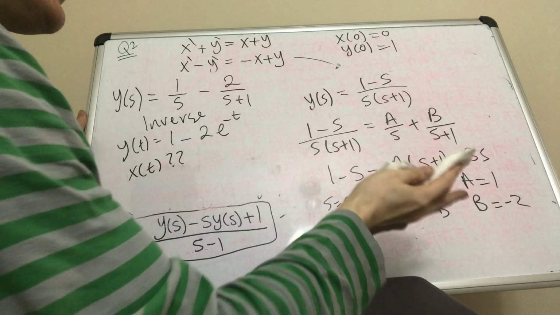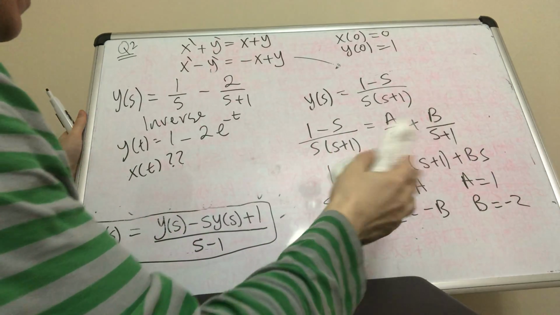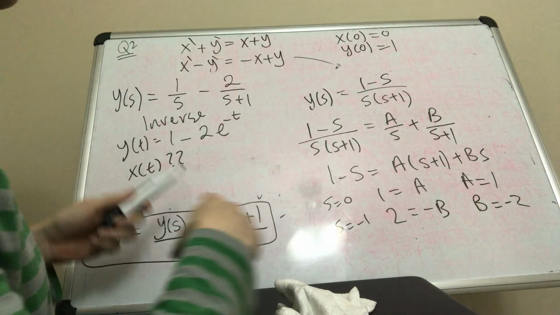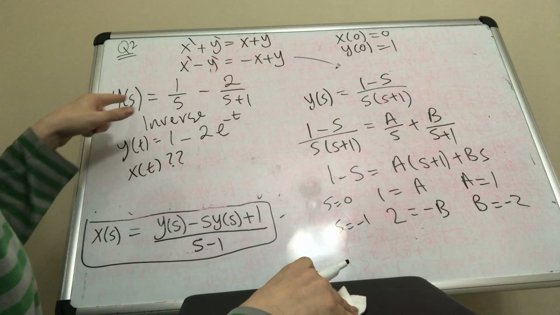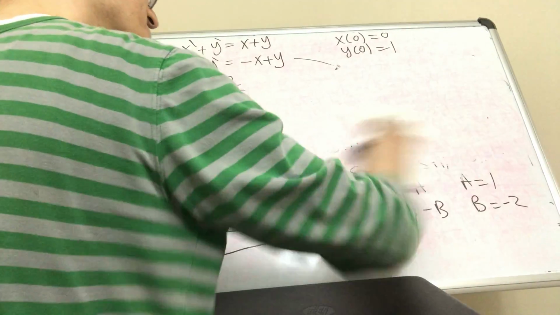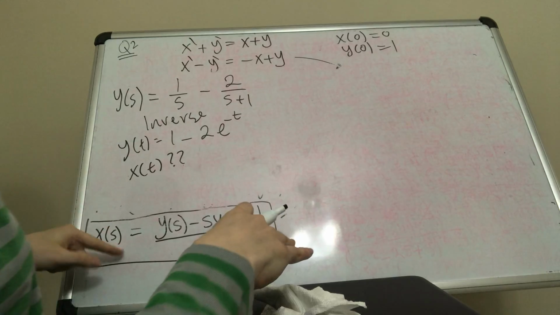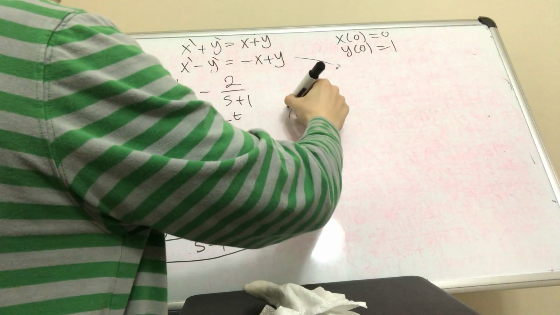To do x of t, once you get to the point where this is y of s, you put it inside of here.